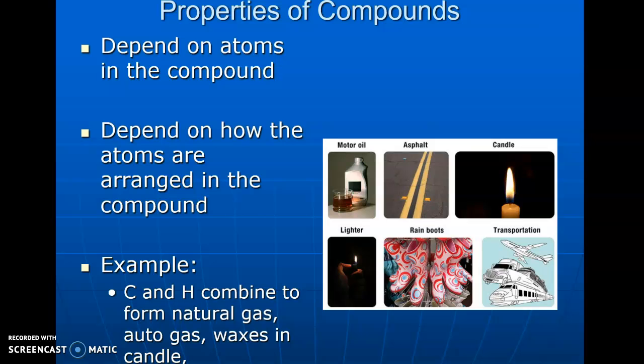It can be burned in our lighters as butane, and it's used as motor oil in our cars, and it even turns into plastics like making our rain boots. So all of these different things with very, very different properties all come from the same two elements. So it's really interesting that combining those two elements can give us such different things.